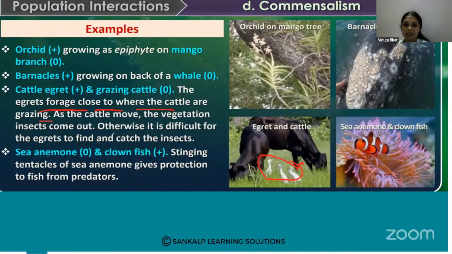When these cattle are grazing, some insects present in this grass come out, and it is easy to catch these insects. So because of the cattle grazing, the egrets are very close to these cattle, but these cattle are neither harmed nor benefited.